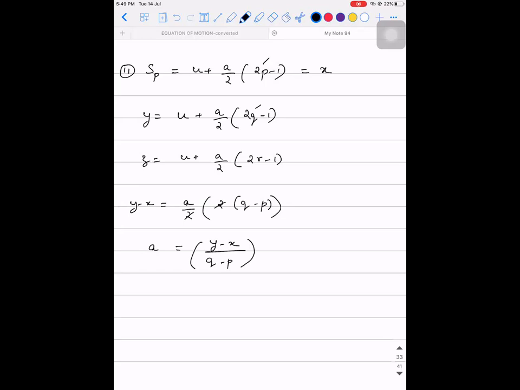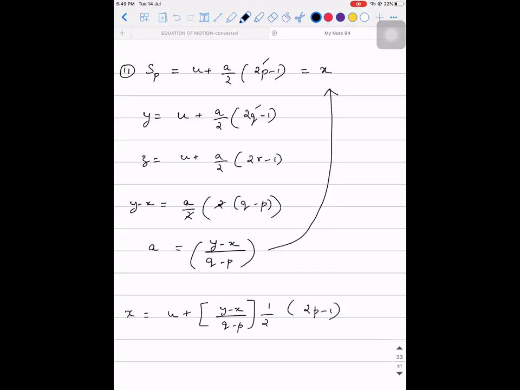Got it? So if I take this and substitute it back in any one of the equations of x and y, I should not substitute it in z. If I substitute it in the place of x and y, I will get the value of u also. So it is going to be u plus a divided by 2. Instead of a, what should I write? Y minus x divided by q minus p into 1 by 2 into 2p minus 1.